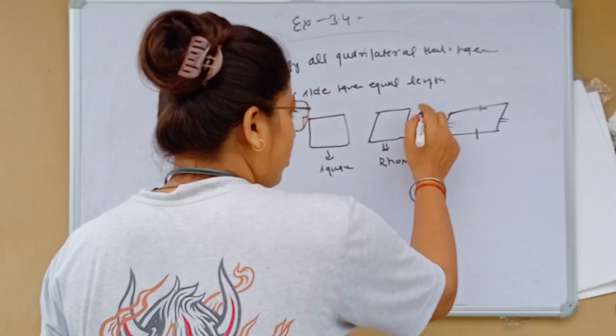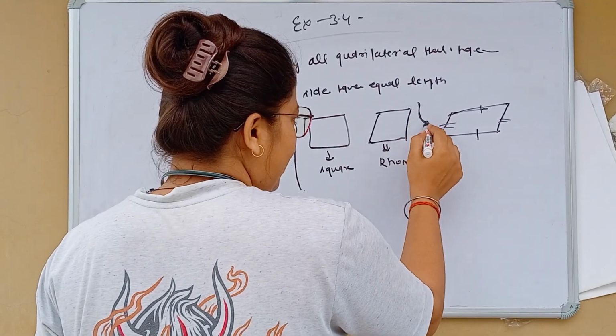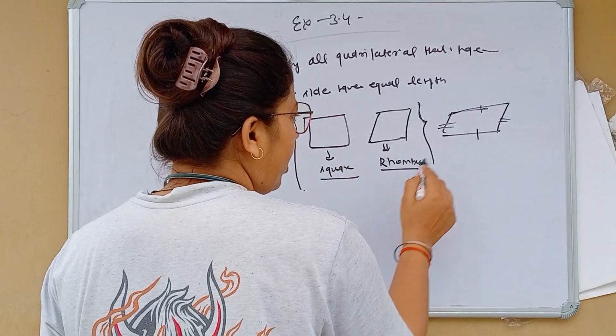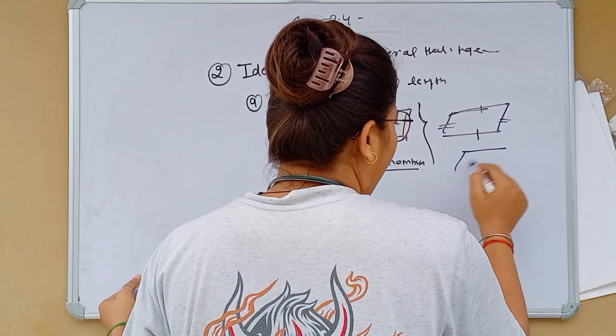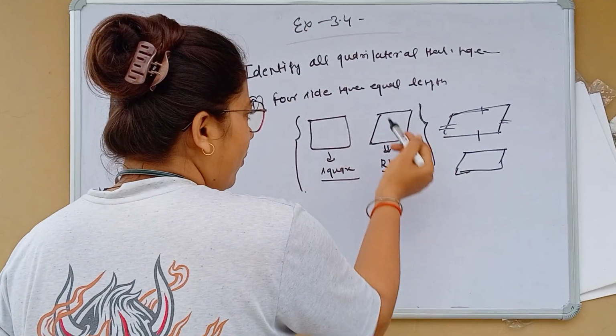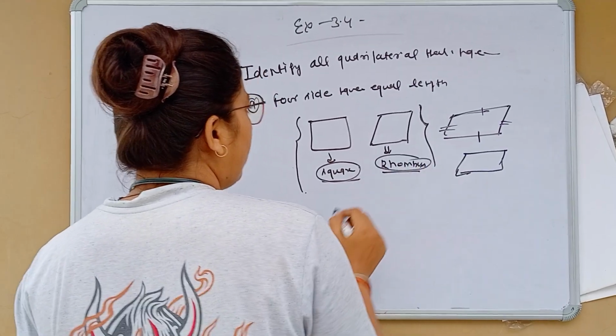So only two quadrilaterals have all sides equal, square and rhombus. Not rectangle or parallelogram, because they have only two sides equal. Here all four sides are equal, so only square and rhombus.